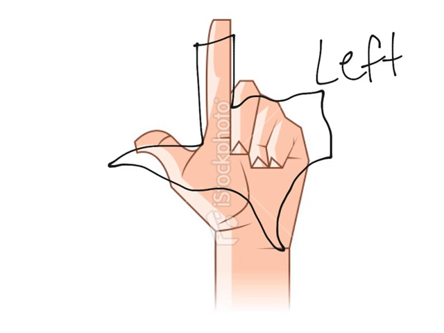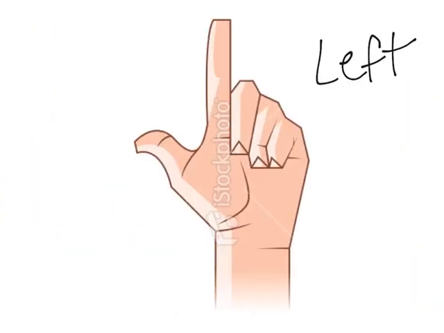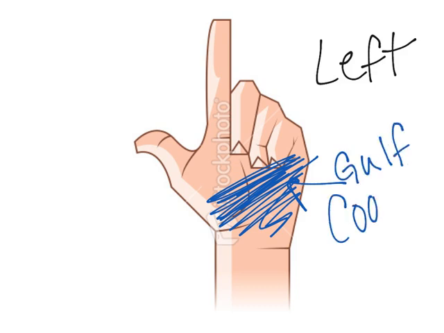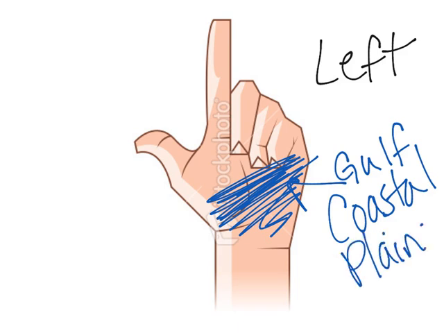Okay, so what you're going to do is you're going to look at each section of your hand. The first section we're going to look at is this section right here at your palm. This is going to be your Gulf Coastal Plains. Alright, so if you look at your palm as it's faced towards the ceiling, it's going to be the Gulf Coastal Plains.